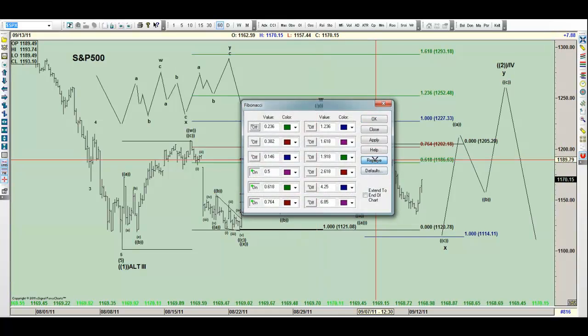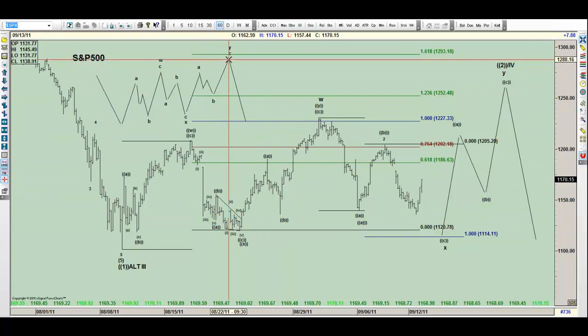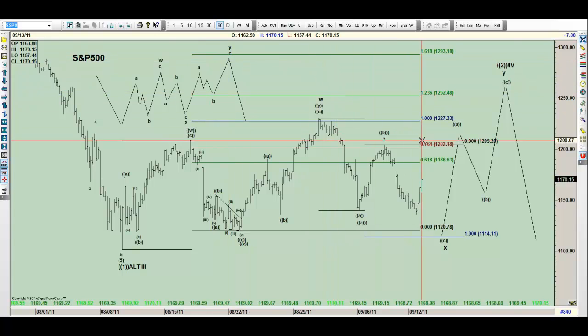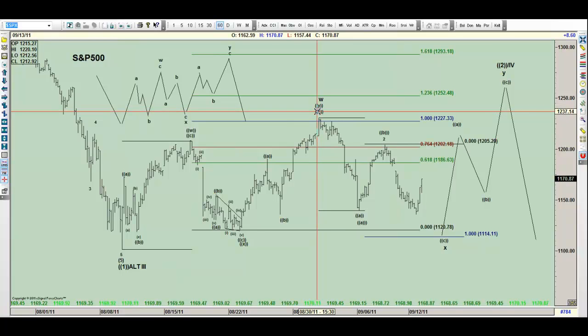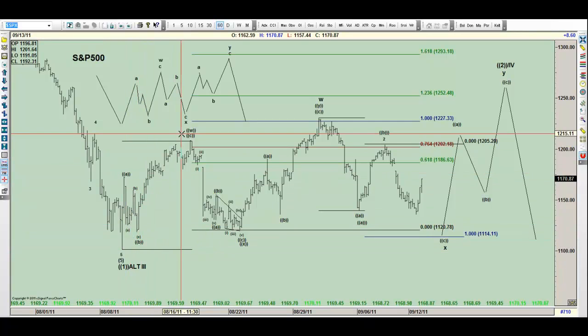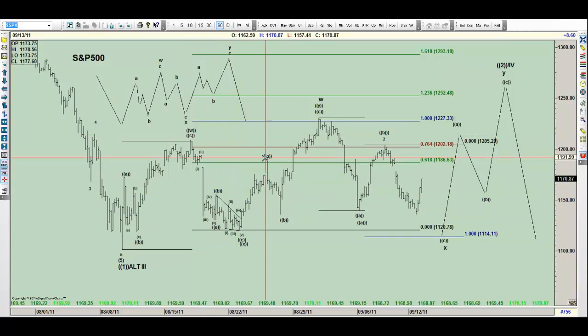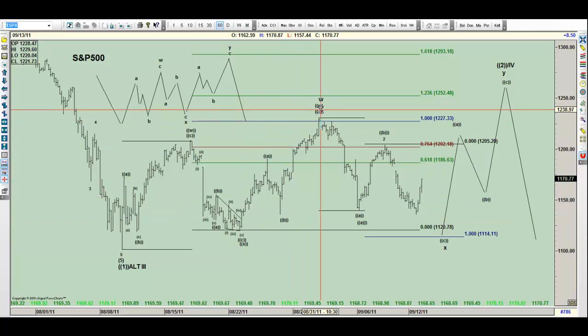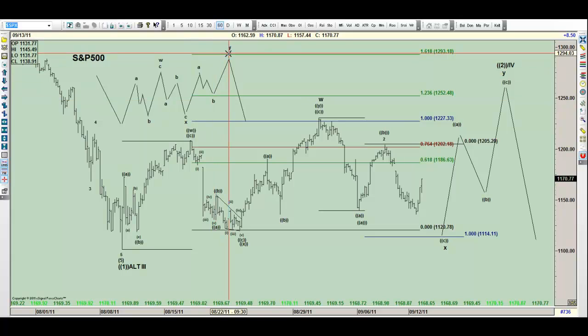The market corrected lower to B, which is the 76.4% of A. We are right here, and then you have your final destination right here, where in this case you can see that the Y wave was equal to the W wave, creating an A, B, C, which is W, X in three waves, and then you have A, B, C in the Y wave. That's what you got here: A, B, C, X, A, B, C, W.